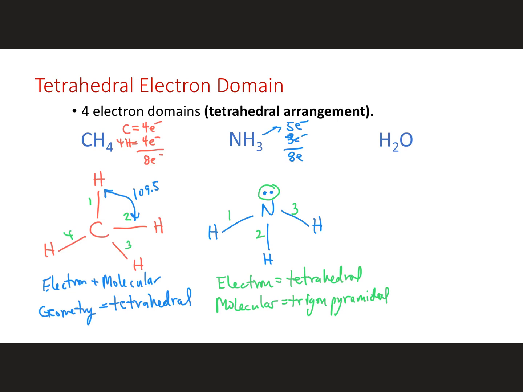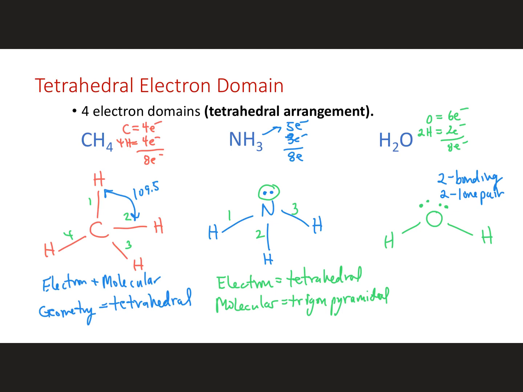So oxygen has 6 electrons, and then I have 2 hydrogens with 1 electron each. For 2 electrons, I have 8 total electrons to assign. I'm going to put oxygen in the middle. Hydrogen, I just assigned 4 electrons. I have 4 remaining electrons. 1, 2, 3, 4. So for water, I have 2 bonding and 2 lone pair electrons.